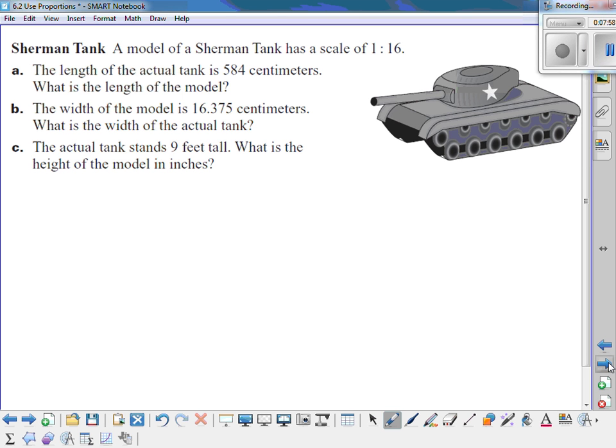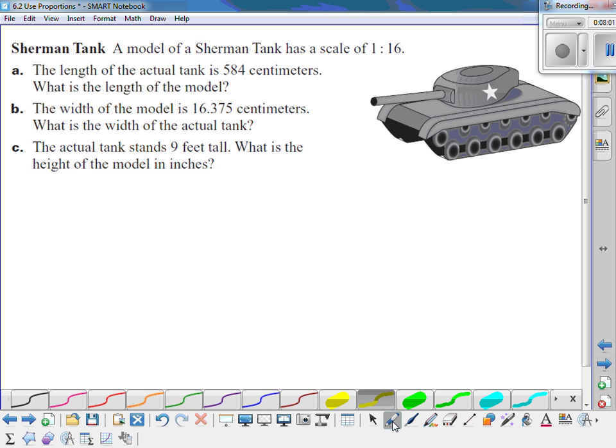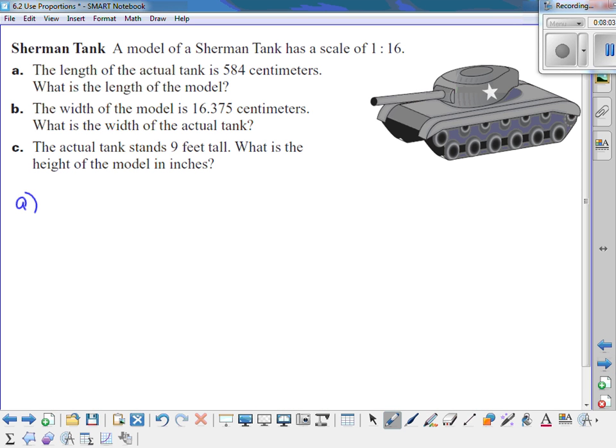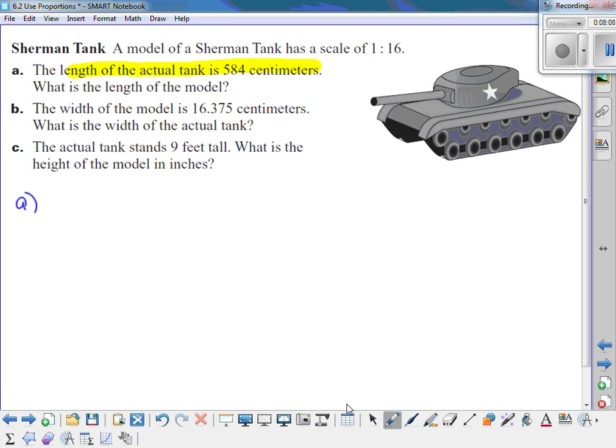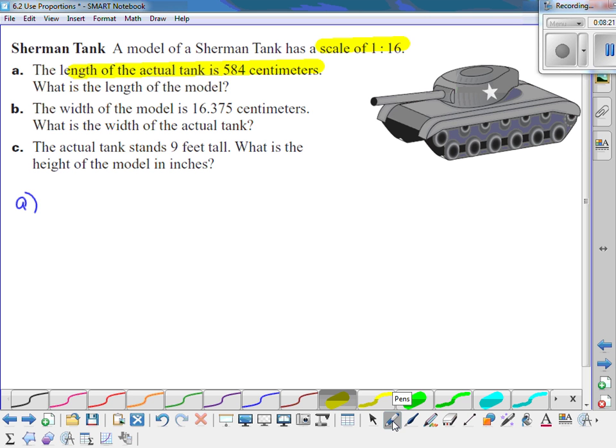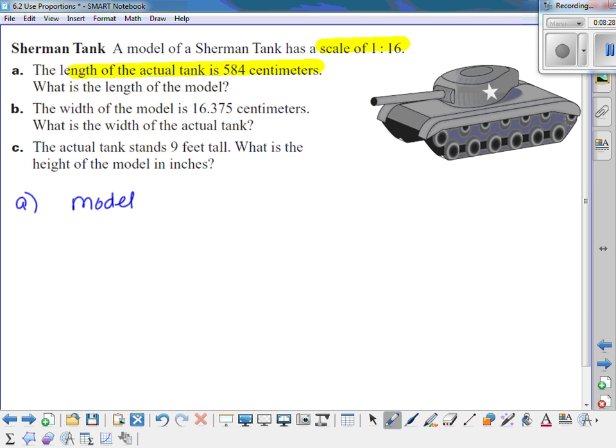All right, so let's take a look first at A. We're told that the length of the actual tank is 584 centimeters. And up here, we're given the scale of 1 to 16. So the scale is giving us the model to the real thing. So we've got the model over the actual, and that ratio is 1 to 16.